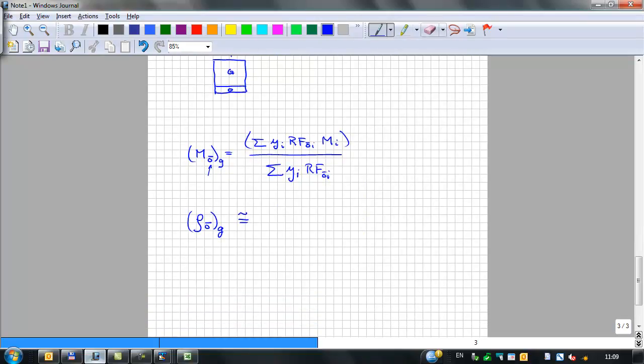That would be the mass, and then it would be divided by the ideal volumes, which are these masses divided by these liquid densities for each of the components.